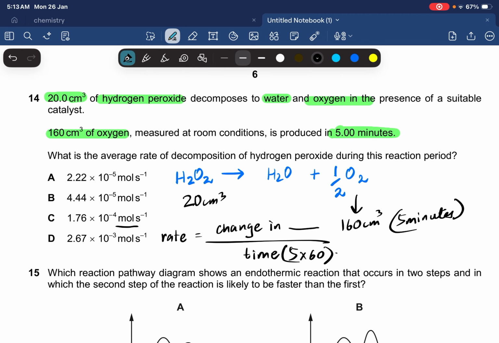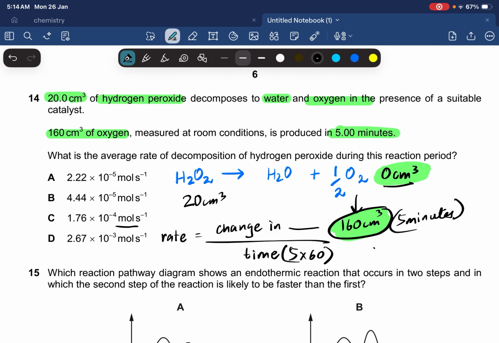But the change: initially you have 0 cm cube of oxygen, and now you have 160 cm cube of oxygen. You should remember that you can calculate the moles of oxygen. Initially you had 0 moles, and now you have 160 cm cube.